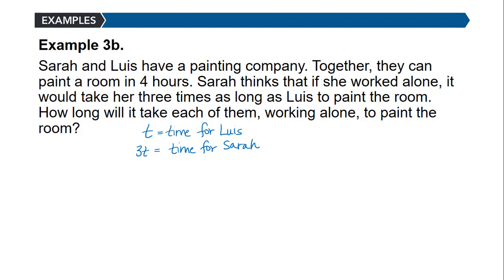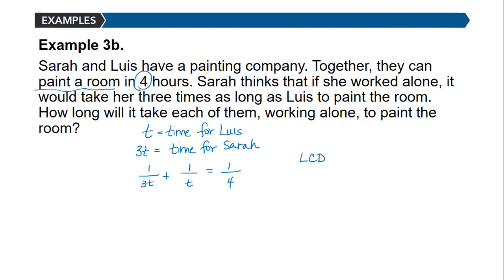So the job is painting a room. Sarah's rate is 1 divided by 3T, plus Lewis's rate, which is 1 divided by T, is equal to the rate working together, which is 1 divided by 4.